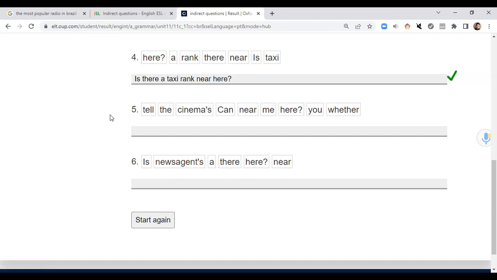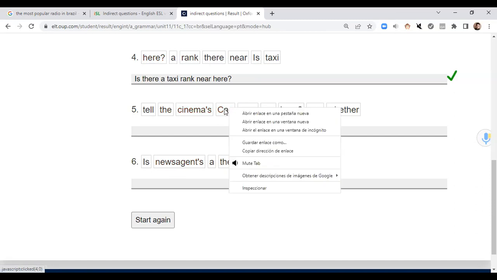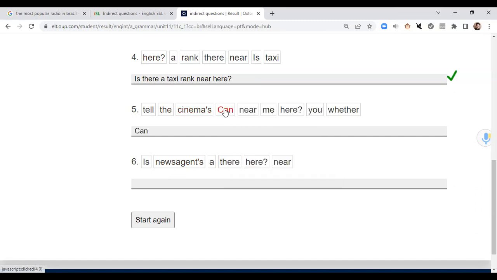What do you think is? Can you tell me whether the cinemas are near here?